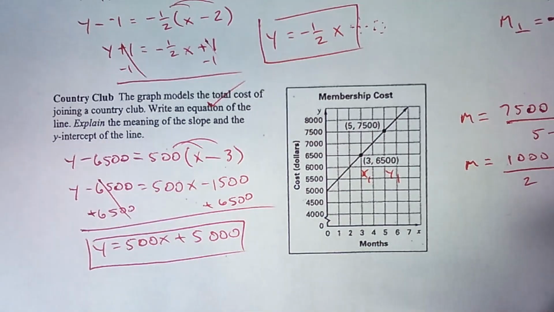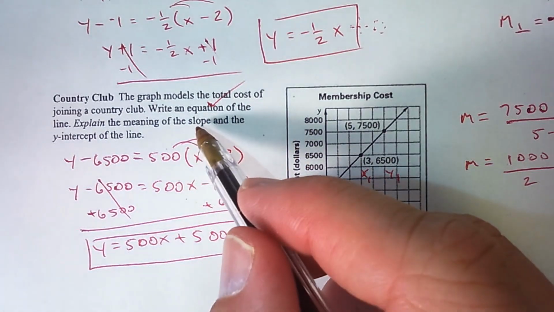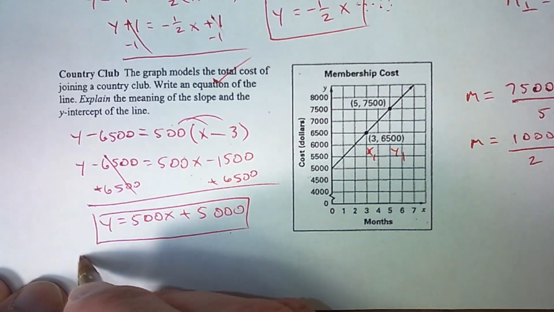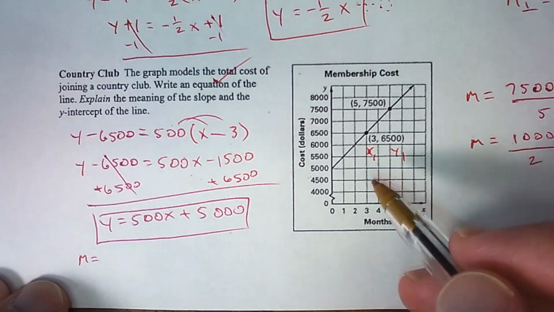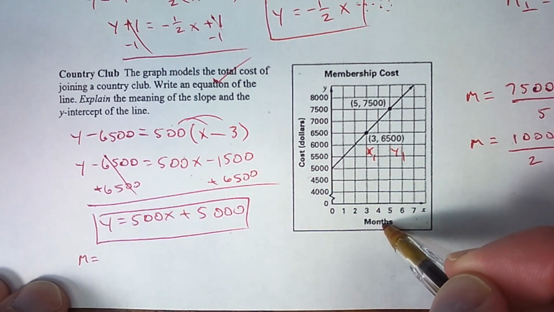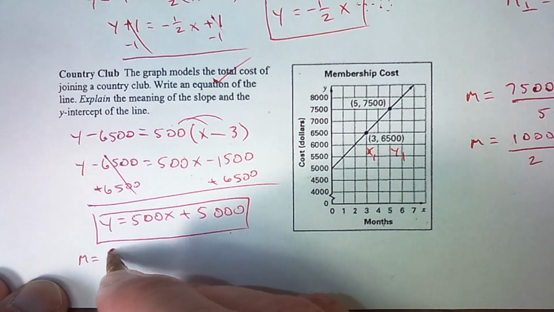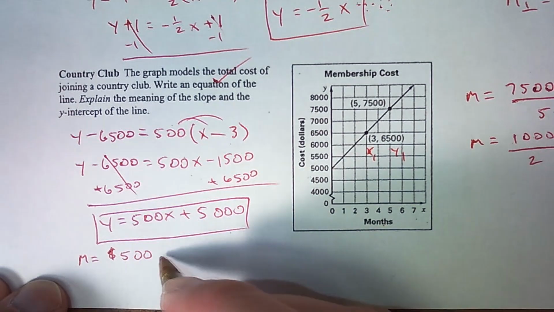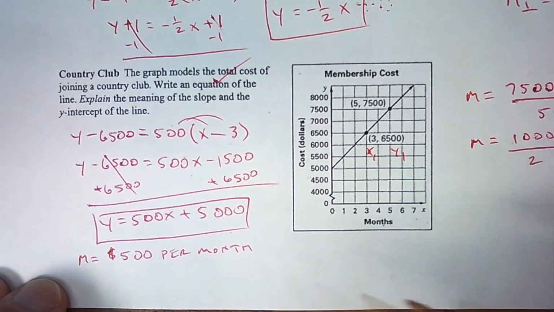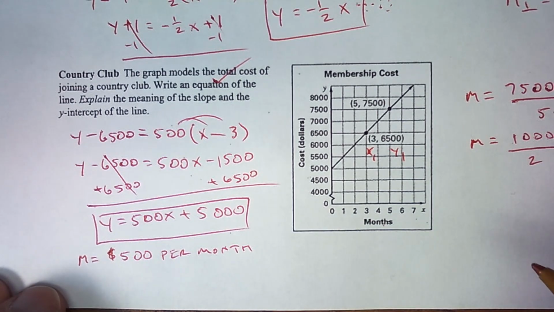We have written an equation. Now explain the meaning of the slope. So the slope, 500. Okay, and that is a cost in dollars, and it's dollars per month. So that slope is $500 per month to be a member at this country club.